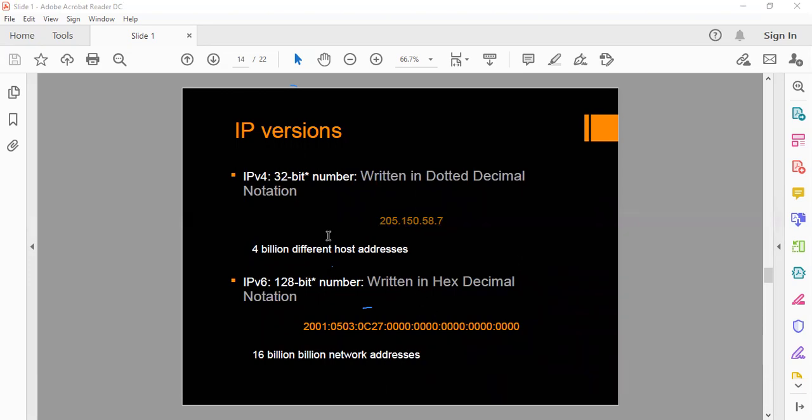In IP version 4, we separate these octets through a dot. While in IP version 6, in hexadecimal notation, we will put a double dot between these octets. In IP version 4 we have 4 octets, while in IP version 6 we have 8 octets.